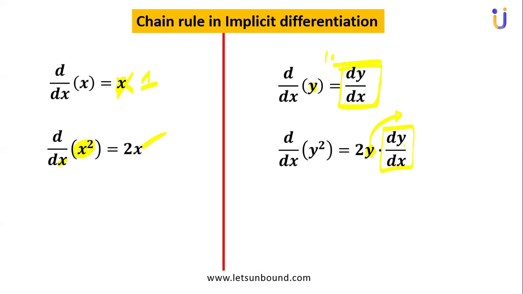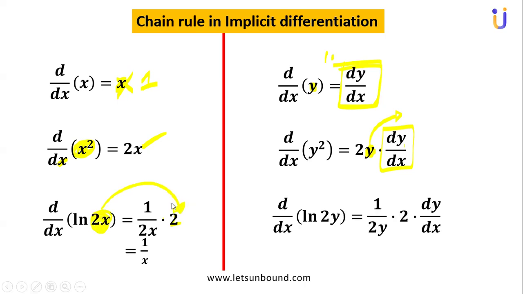Then here, d by dx of ln 2x: I will reciprocate the function, then apply the chain rule. 1 by 2x, then you differentiate the input and that becomes 2. Simplifying, it's 1 by x.